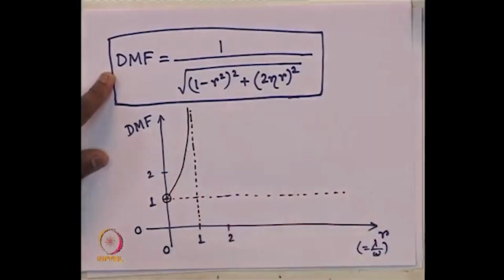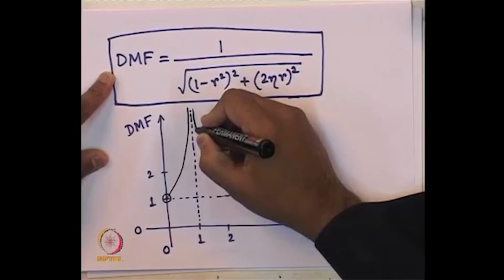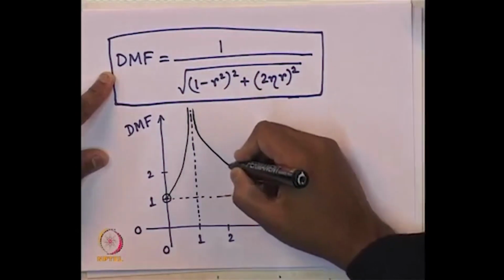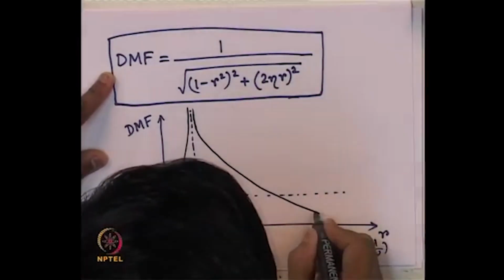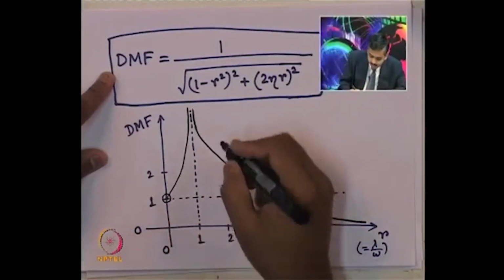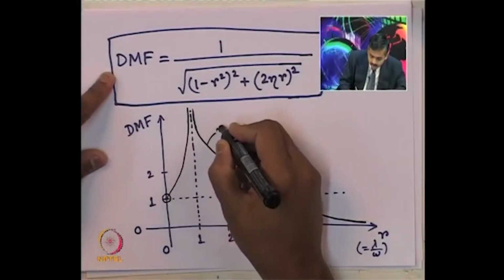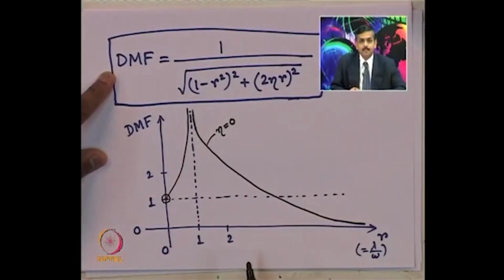So, the other side of the curve will be something like this, tangential here, goes down here, approaches 0 at very high values of r. So, this curve we got for eta equals 0, that is the undamped case.